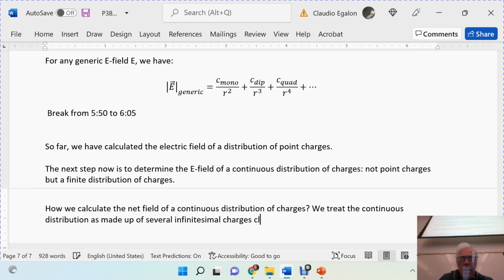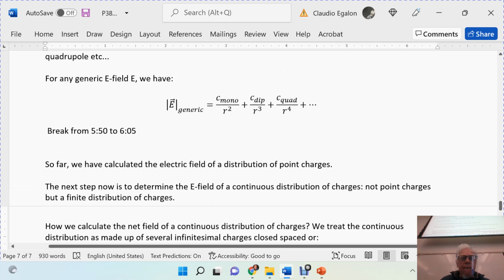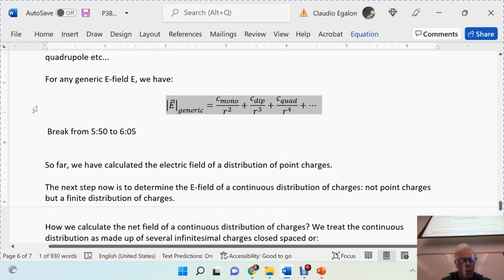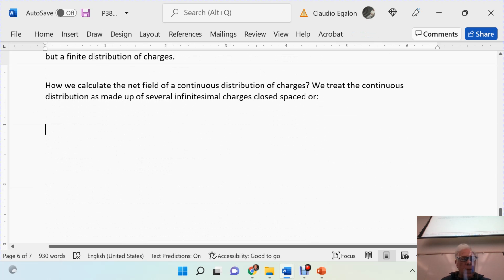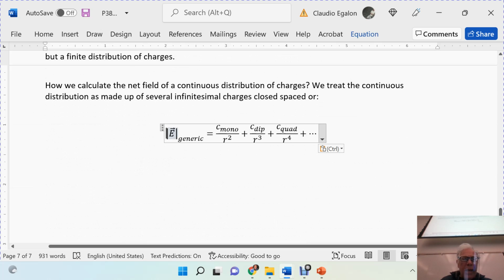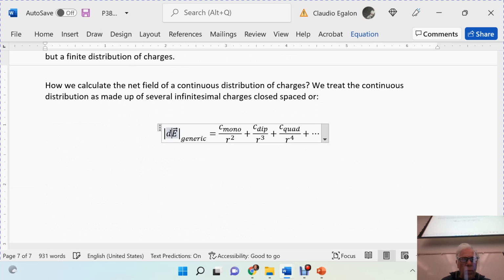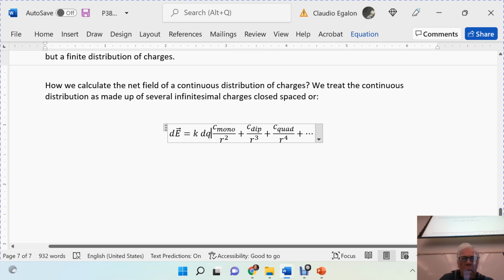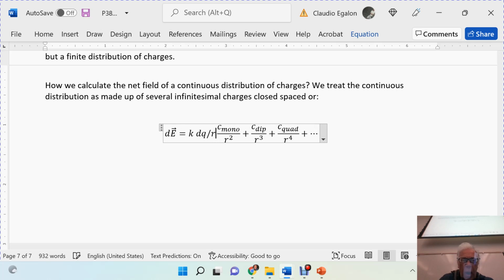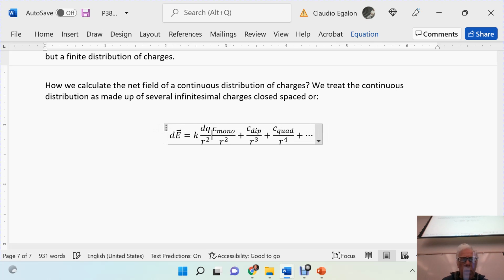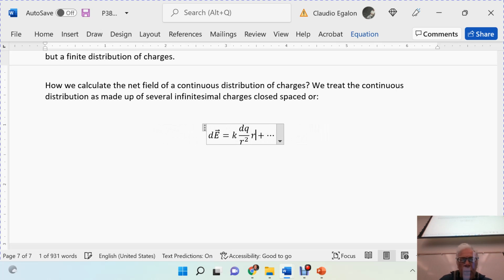So it's going to be like a differential electric field, k dq over r squared in the r hat direction.